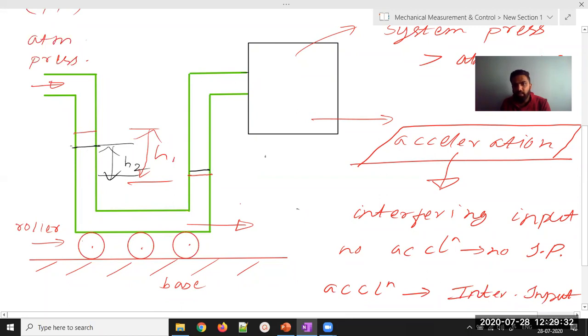Now we know that the instrument was to measure the H1 value. Now the instrument is measuring which value? H2 value. Now we know that H1 is without interfering input, with no interfering input.